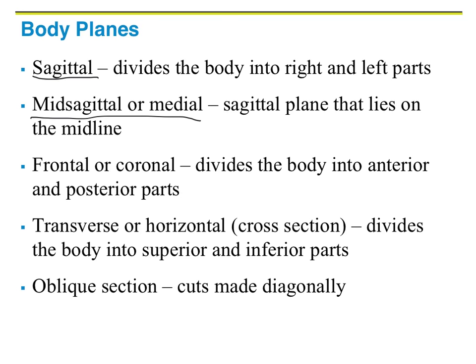A frontal or coronal plane divides the body into anterior and posterior parts, or dorsal and ventral parts. A transverse or horizontal, commonly known as a cross-section, divides the body into superior and inferior parts. And an oblique section would be cuts made diagonally to a midline.